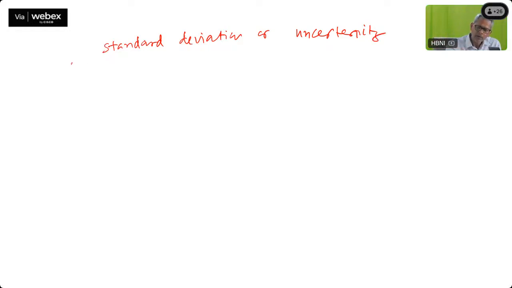So what you saw today, you call this the standard deviation, or you can call it uncertainty. Uncertainty of sum x1 and x2 is root 2.